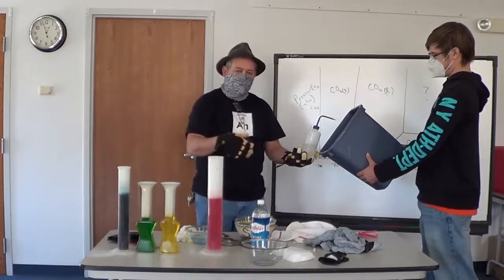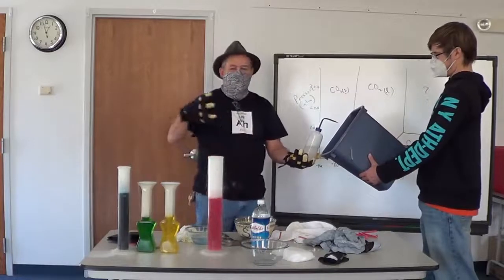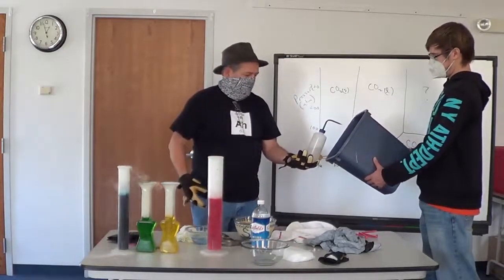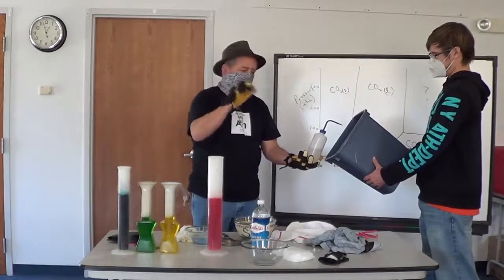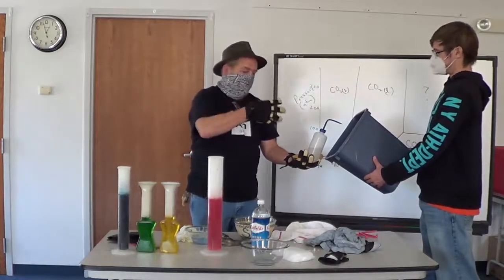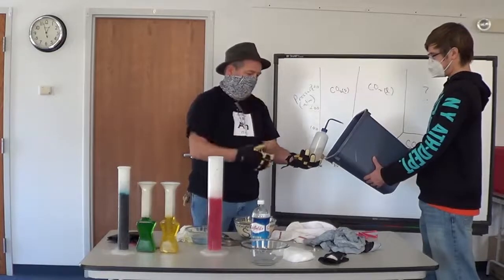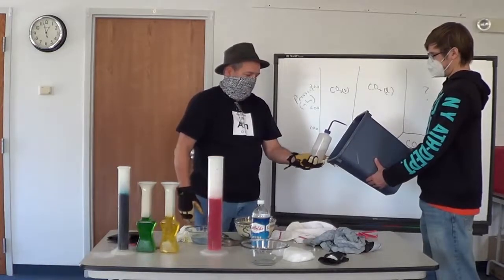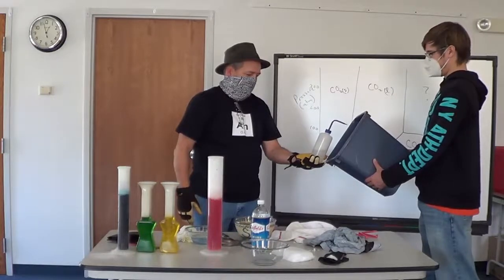As it's changing from a solid to a gas, it increases its volume hundreds of times. So that small chunk, as it's changing to a gas, the molecules are getting further apart, it's expanding, taking up more space, creating pressure. And we got maybe about a third to a quarter of it left there.